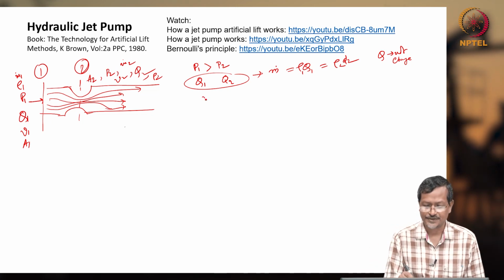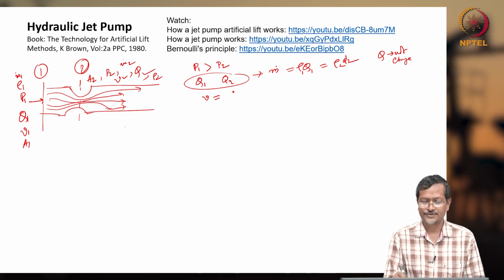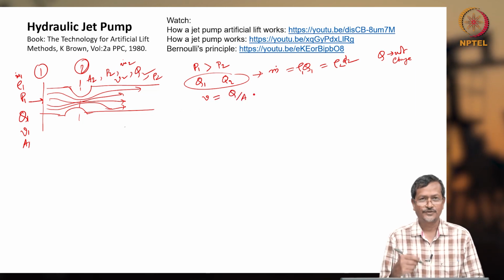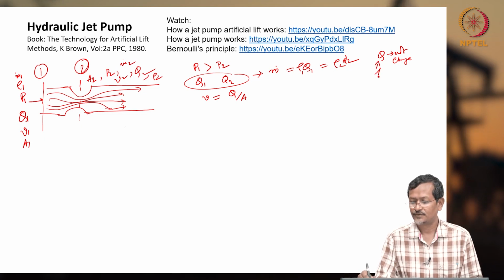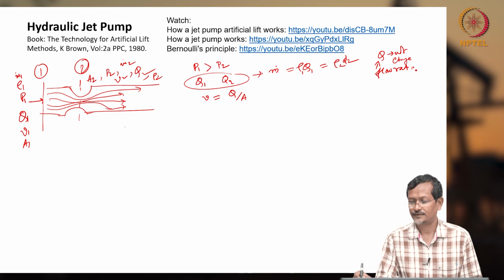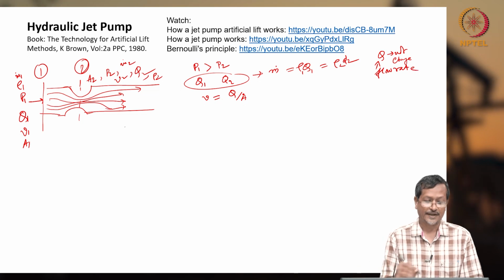But what about velocity? Velocity is Q by A. Flow rate Q is not changing, but area is changing.